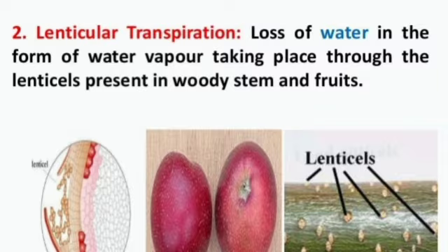Lenticular transpiration. Loss of water from plants as vapor through the lenticels. The lenticels are tiny openings that protrude from the bark in woody stems and twigs as well as in other plant organs.